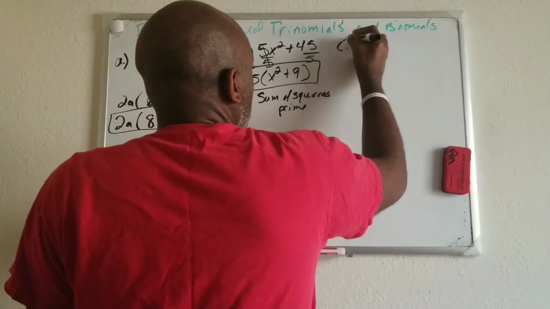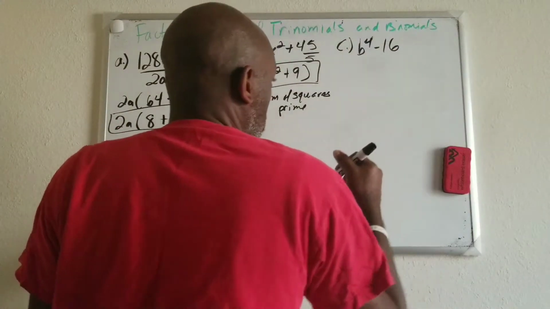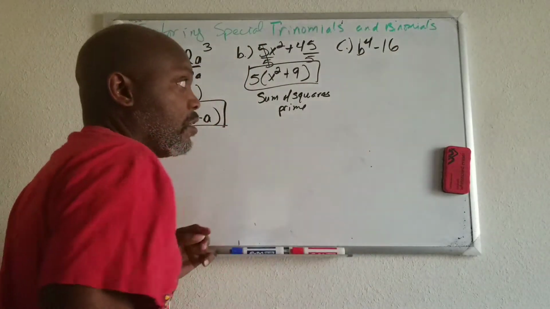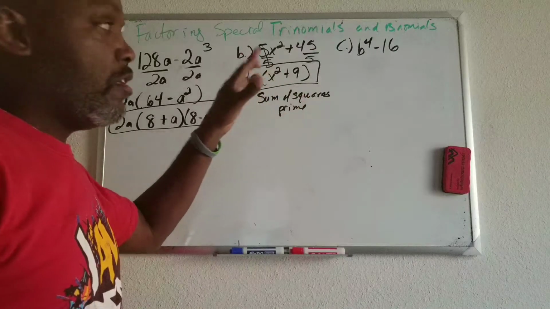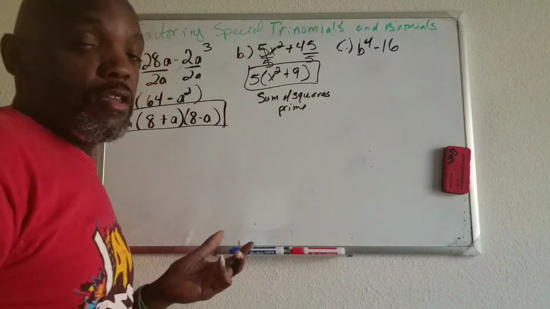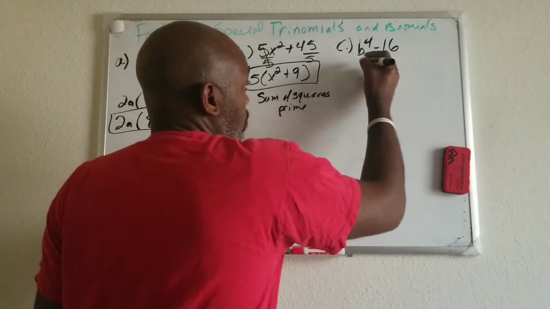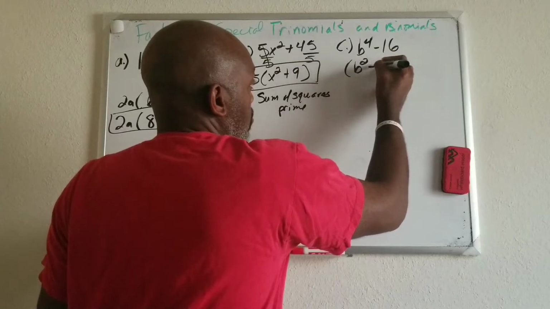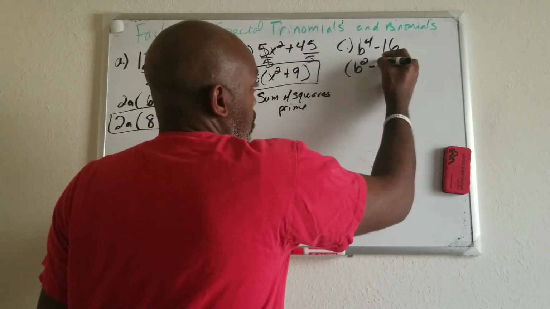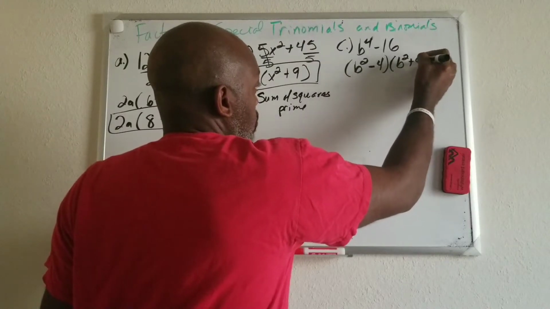Now this one took me a moment to get, because it's a little different. Okay, this is b to the 4th, and b to the 4th is a square, because if you divide the exponent 4 by 2, you get 2, or b to the 2nd. So you end up with b to the 2nd minus the square root of 16, which is 4, and b squared plus 4, right?